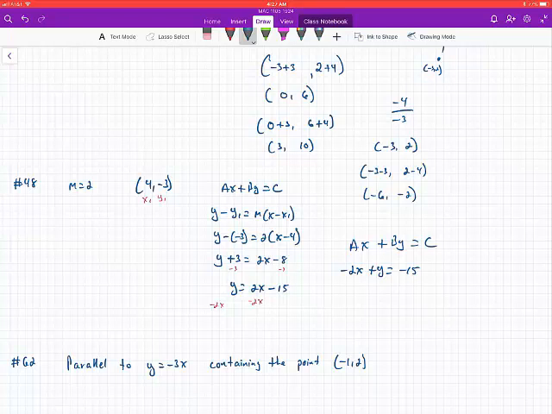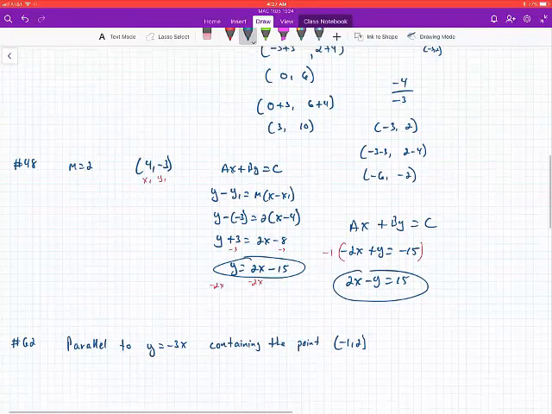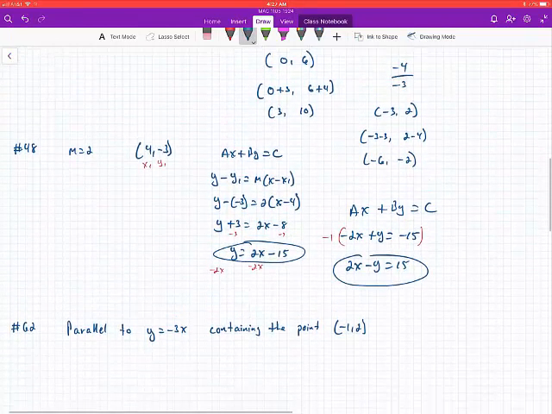Now, we want the leading term to be positive, so we're going to multiply everything by -1. And so we end up with 2x minus y is equal to 15. So the two answers that you can have for this one, it's either y is equal to 2x minus 15 or 2x minus y is equal to 15.